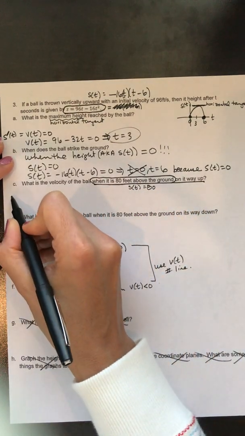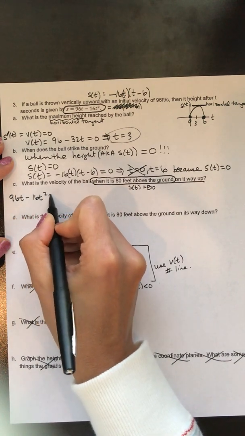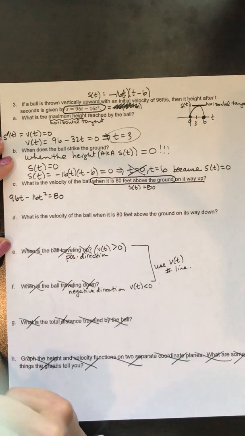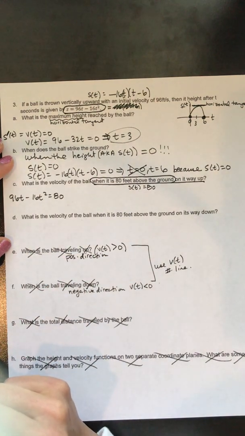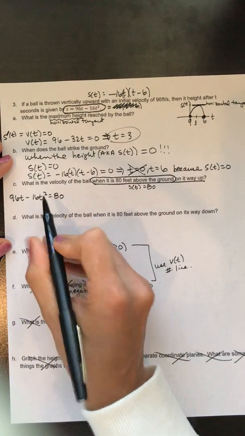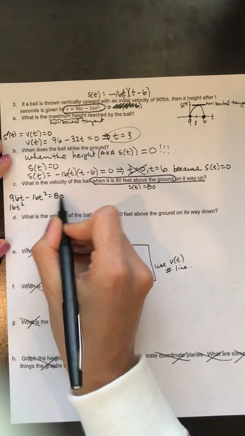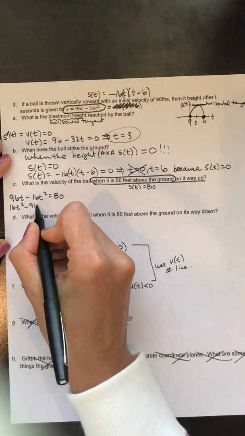We have to set our position function equal to 80, and we have to solve it. But it's not going to be over because it's not going to answer the question. So when we set our position function equal to 80, let's put everything on one side, moving everything to the right side here.